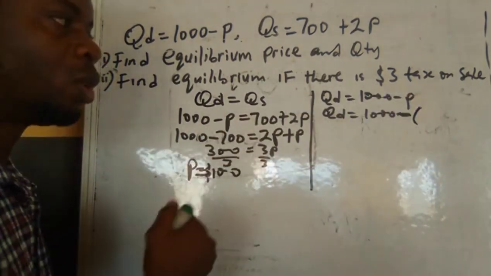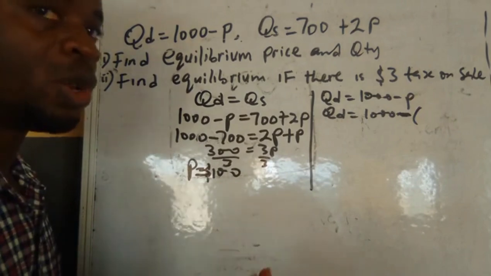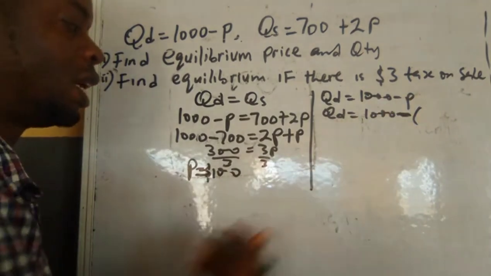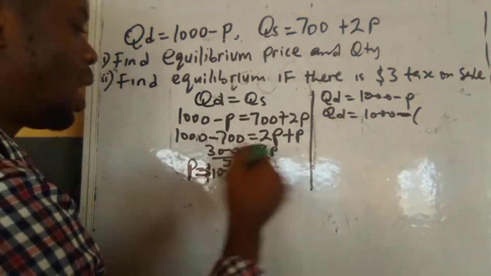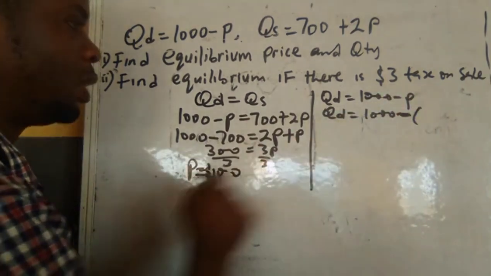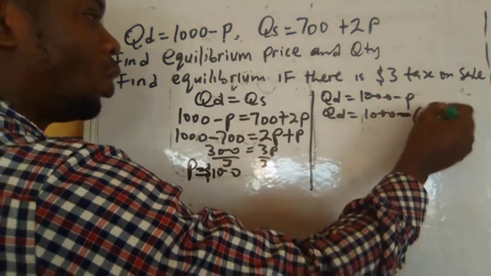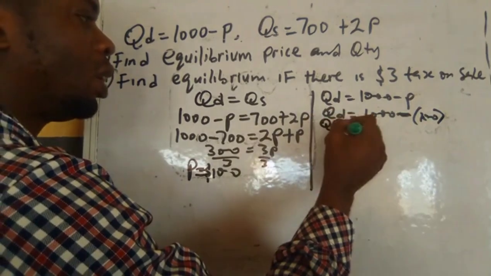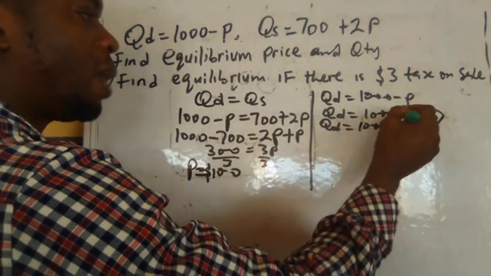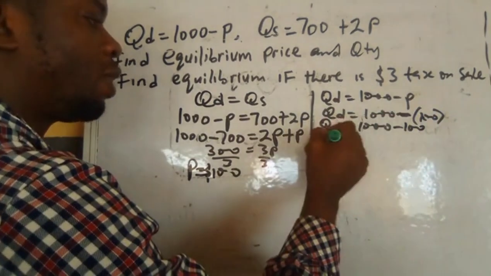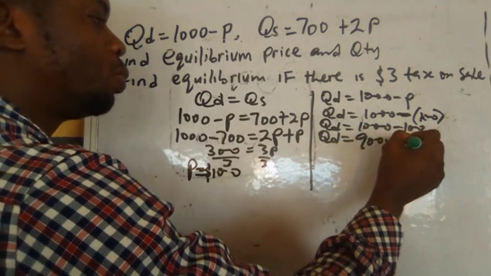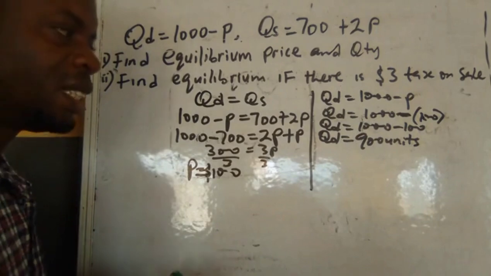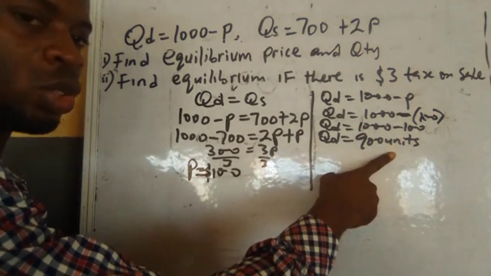Always put it in brackets because sometimes, when you are solving mathematics, there is need for you to put the value you want to substitute into brackets. So my P is $100. So QD equals 1000 minus (100). So the final answer will be QD equals 900 units. Please always put units. This is for clarity. It attracts marks also.